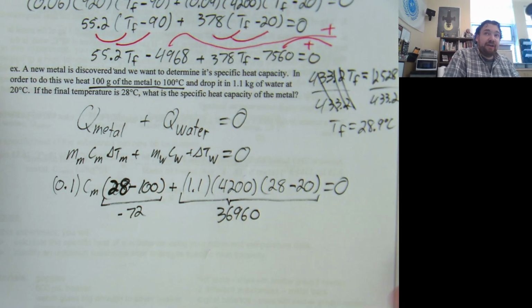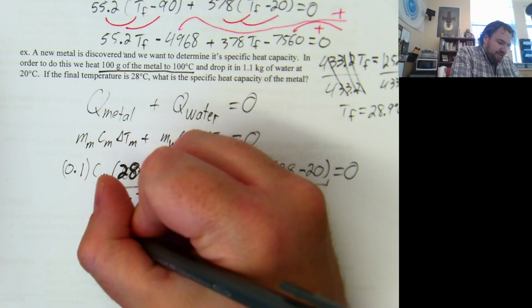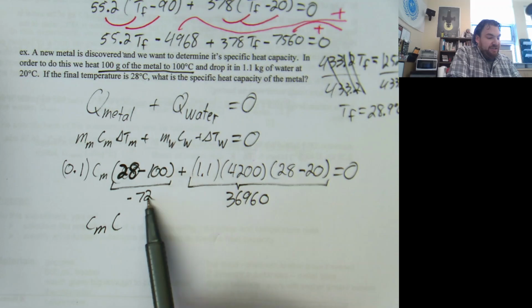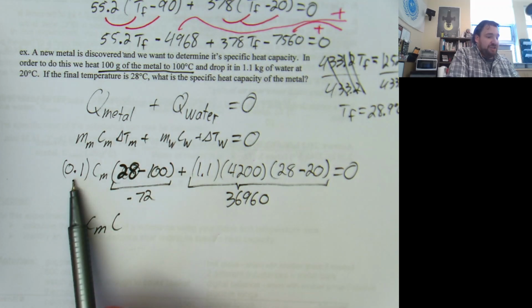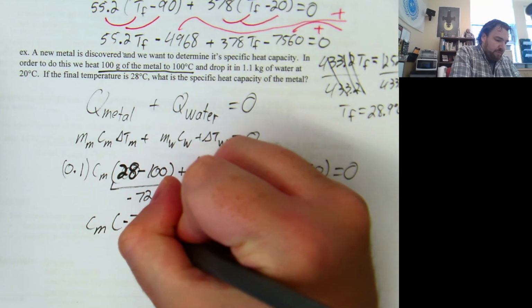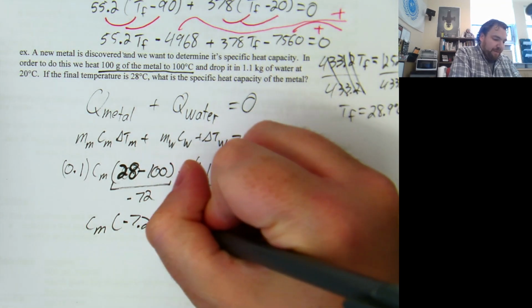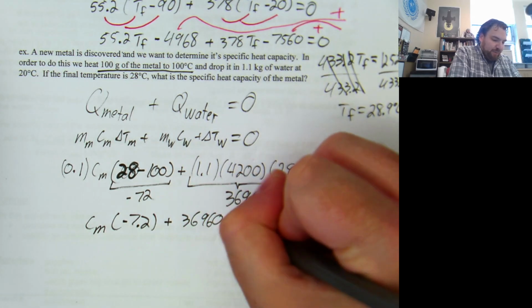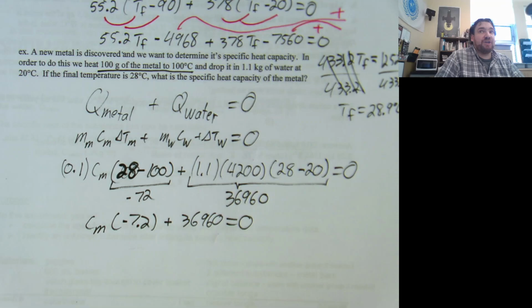And so the specific heat capacity of the metal times negative 72 times 0.1 is going to be negative 7.2, plus 36,960 equals 0. That is an expression that you should definitely be able to solve.